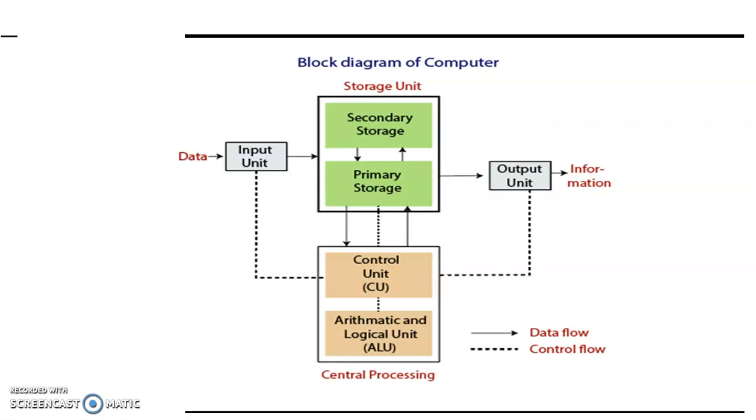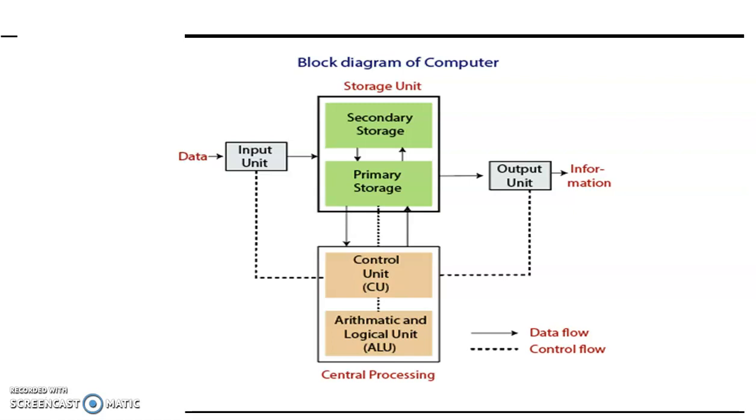So output unit is a link, it links computer with the external world. Over here we can directly retrieve data from CPU also. That means processed data, or I can say a result of a processing, I can directly retrieve from CPU itself.